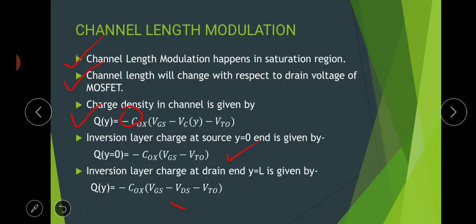So here the VC of y value is mentioned as VDS. Because of that, the inversion layer charge at the drain end, y equal to L, is given by Q of y equal to minus Cox into VGS minus VDS minus VT0.